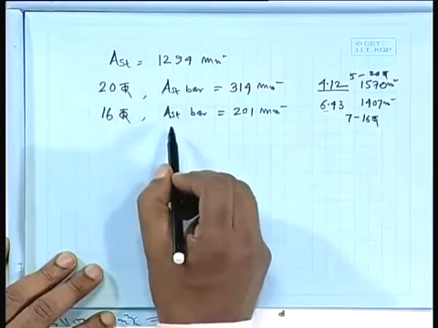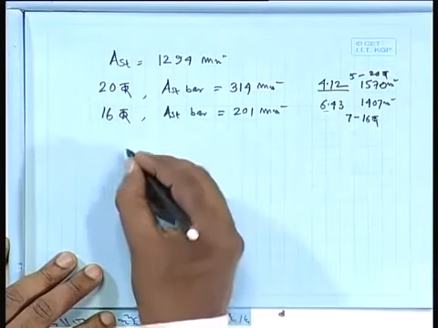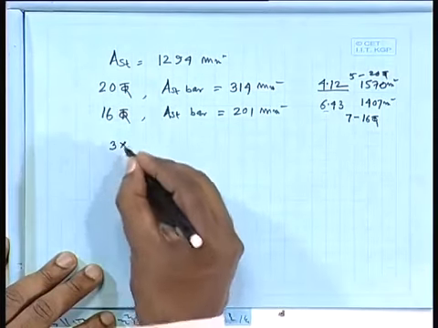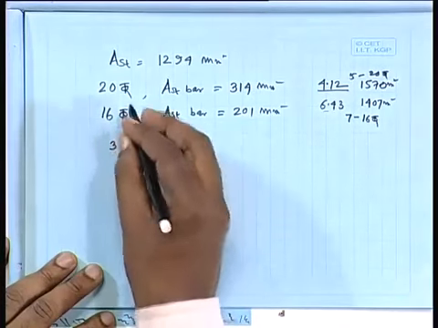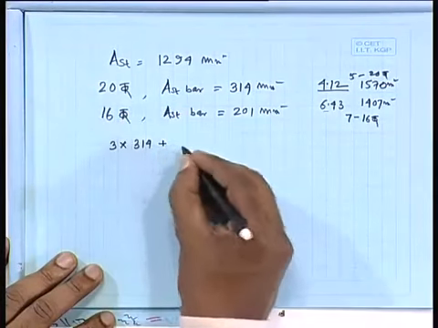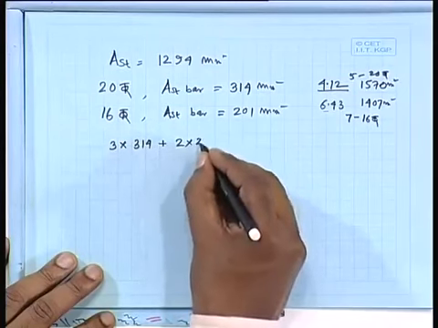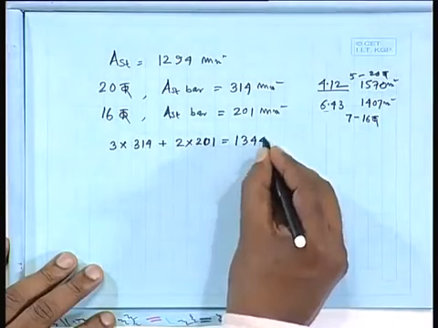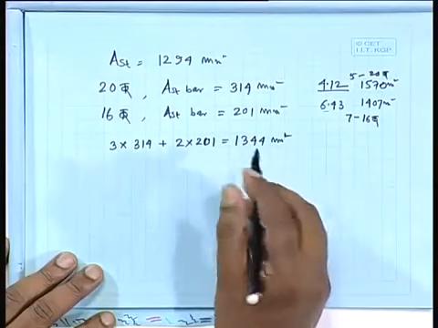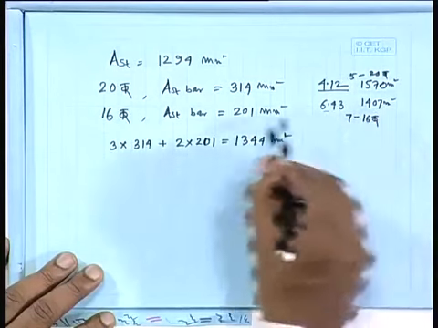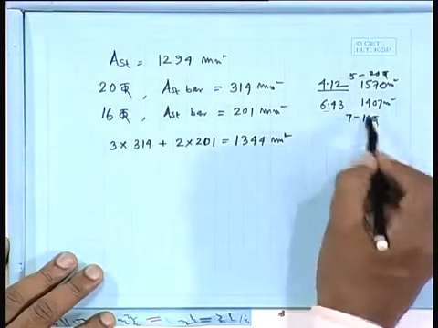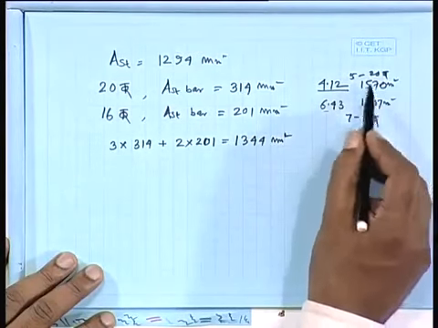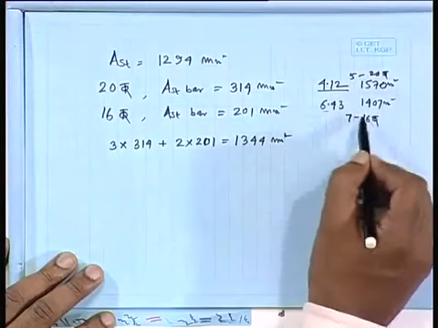Alternatively, we can provide 3 numbers of 20 torr plus 2 numbers of 16 torr, which comes as 1344. That is closer to the required value and the least of these three options.